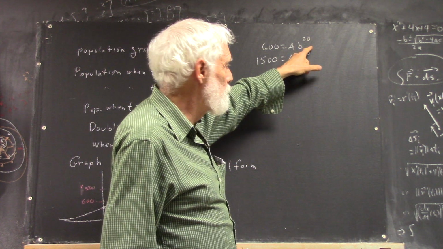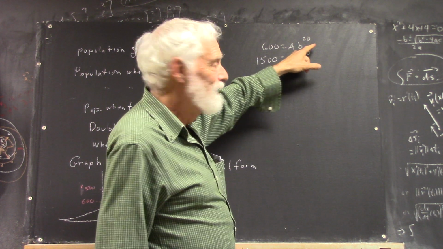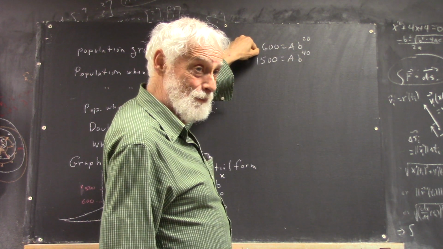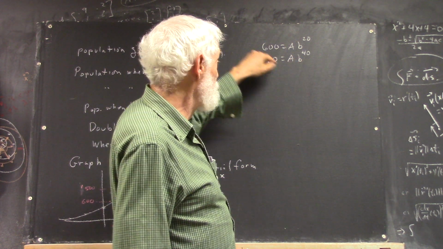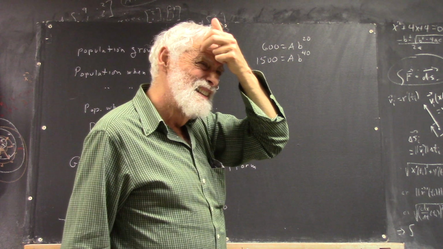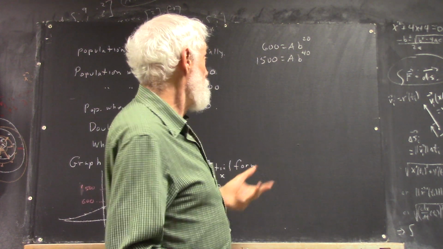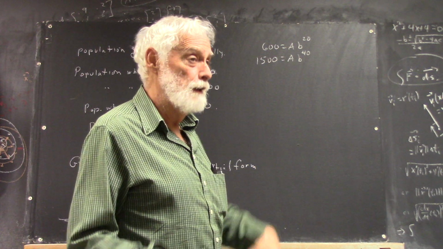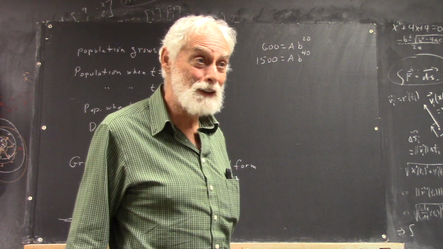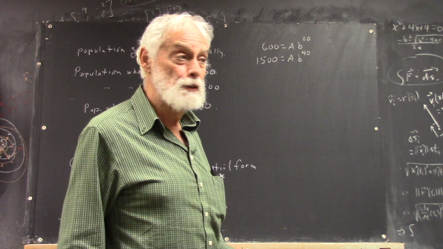Then you'd have to say that b is the 1/20th power of 600 over a, and b is the 1/40th power of 1500 over a, and those two would be equal. You can solve it, but it's more complicated than it needs to be.